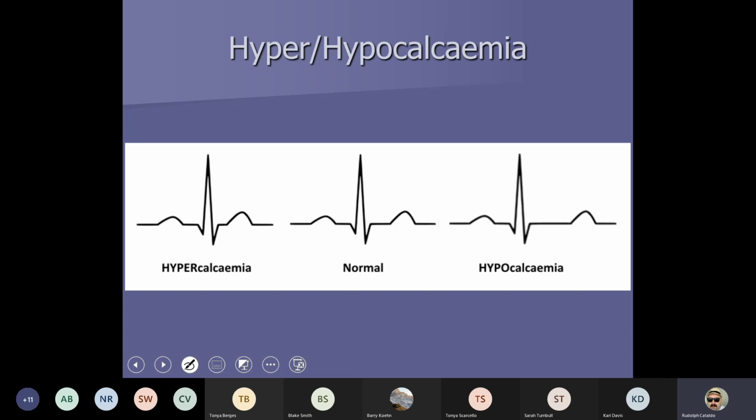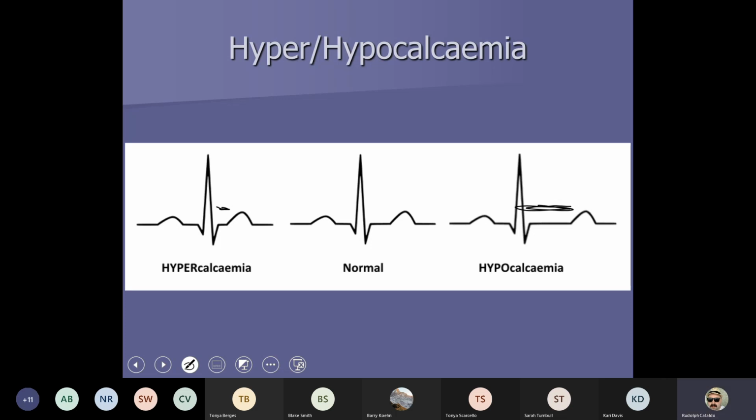Okay, what is hyper- and hypocalcemia? High and low calcium. Weird, huh? Okay, hypercalcemia, I will have a shortened ST segment. Hypocalcemia, I have a long QT segment.